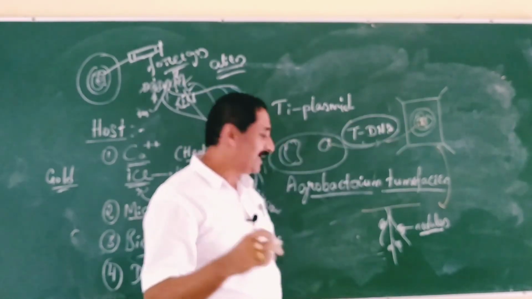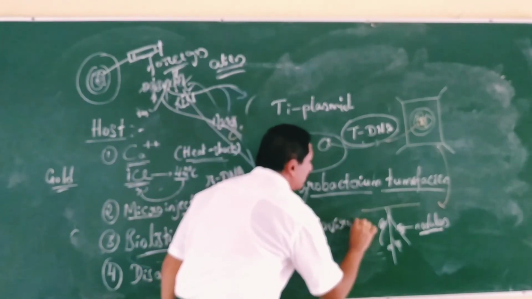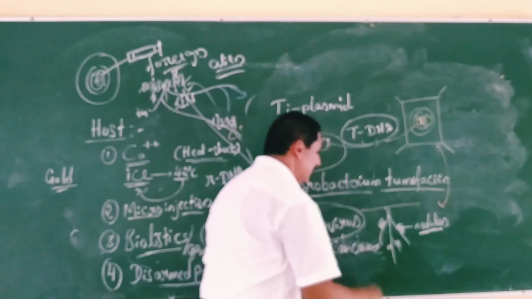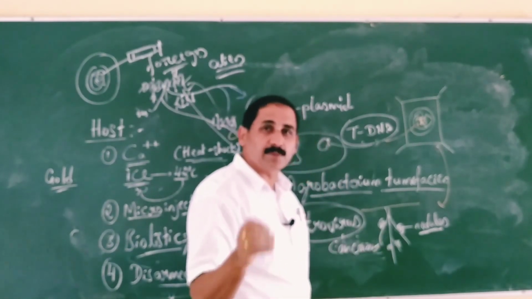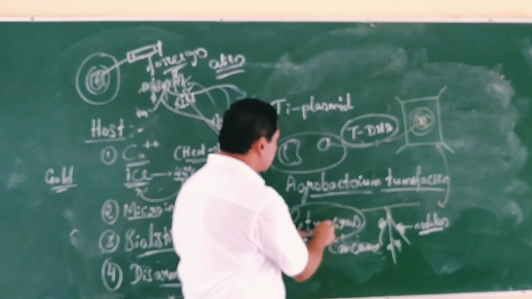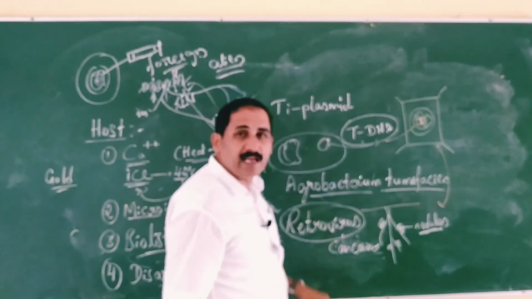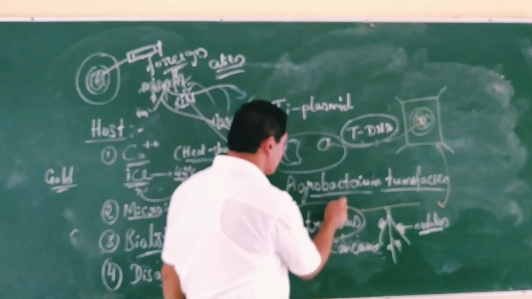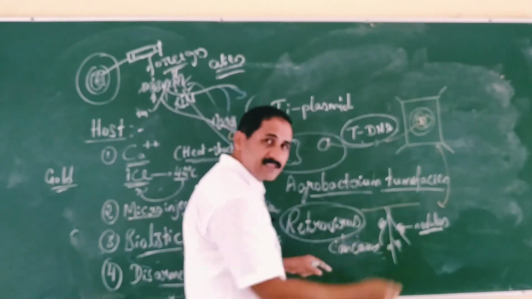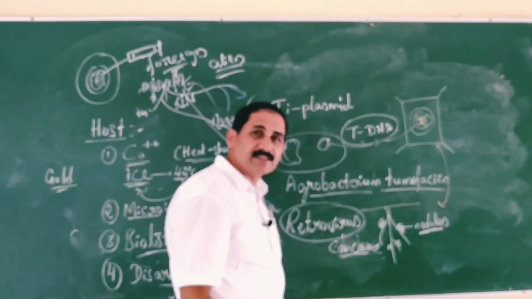In the same way, the retrovirus group causes cancerous tumors in living organisms, especially in animals and also human beings. We are using this retrovirus, which delivers the gene or the DNA in the same way as the TI plasmid of Agrobacterium tumefaciens. Retrovirus also follows the same procedure to deliver its DNA to human beings to induce cancerous tumors.